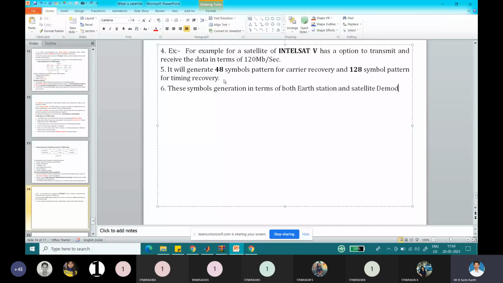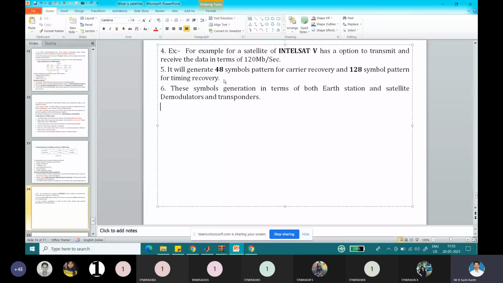So we have taken an example. You can see that in Intelsat V, the 48 symbol pattern is nothing but 48 data bits generated for carrier recovery, and 128 bits are generated for timing recovery. Carrier bits are nothing but additional high frequency bits.